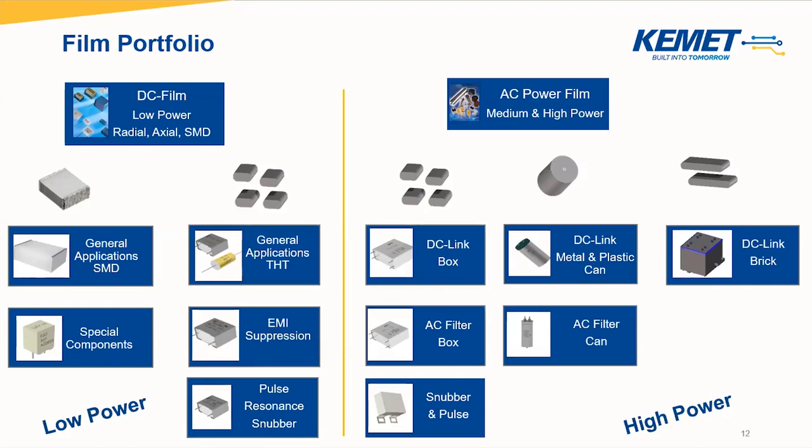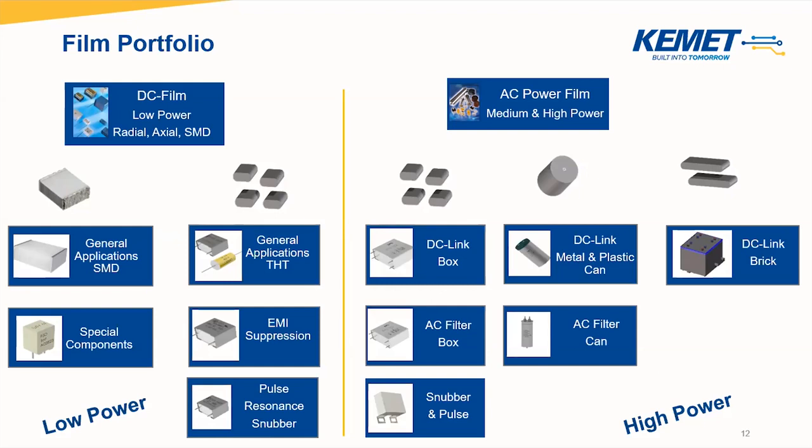We have the general purpose. We have the EMI, which is a big family that includes the X and Y certified capacitors used for the suppression of electromagnetic disturbances. And also we have pulse capacitors that are typically used for resonant converters or snubbers.